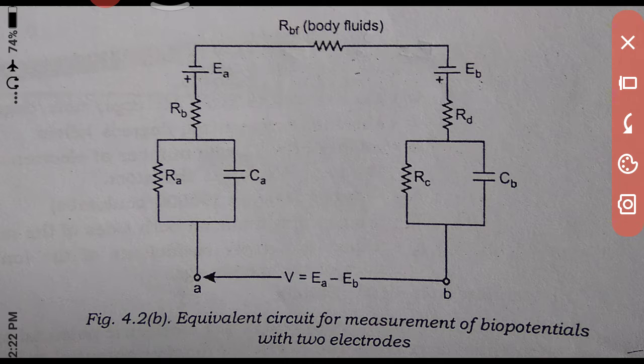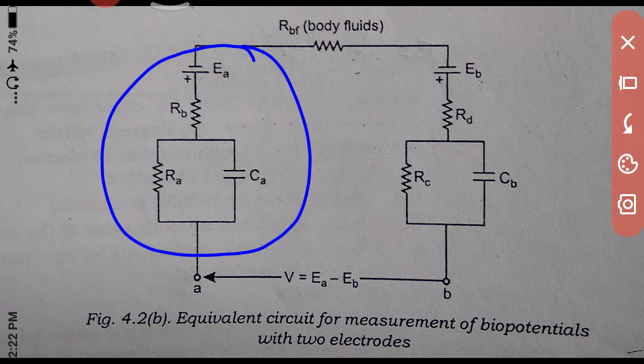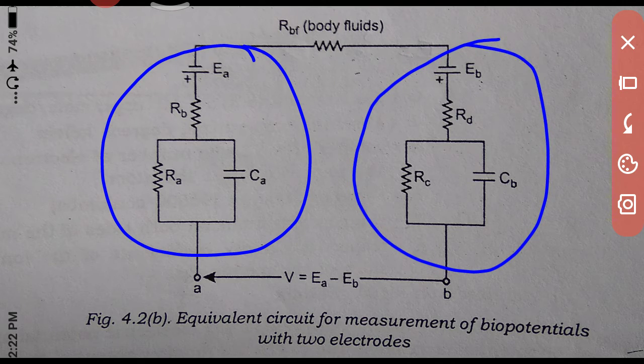Now this is one of the single layers. Up to here is a single layer, one layer of the electrode, and here is the other layer of the electrode. Now it is a double layer electrode. The potential across the first layer electrode is EA.